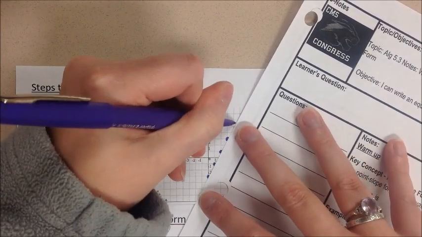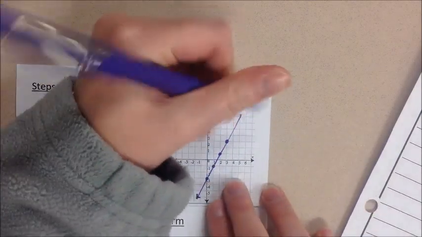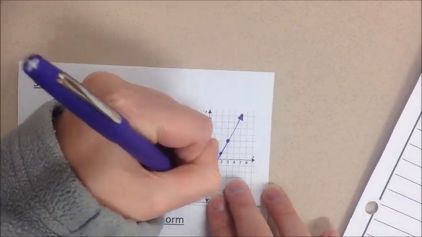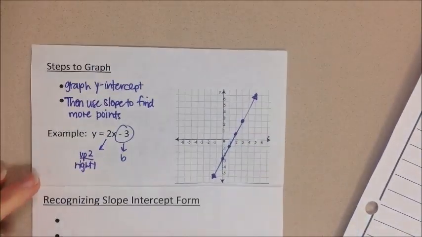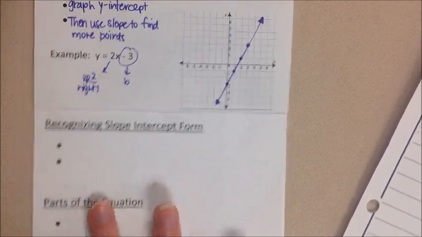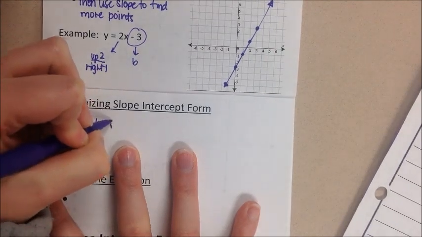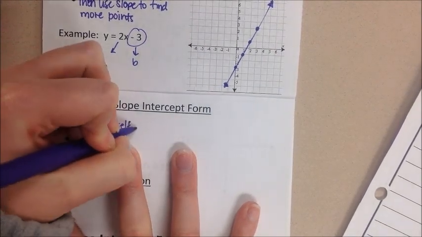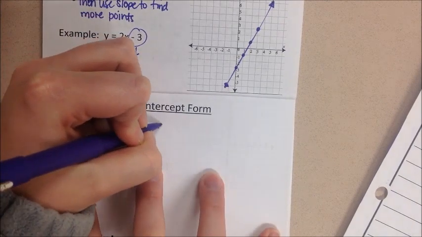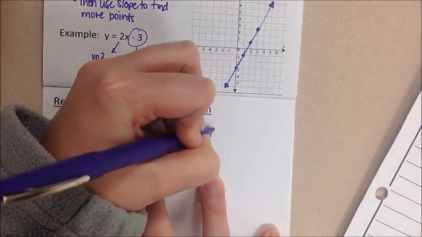And remember, you technically only have to have 3 points, but the more points you have, the easier it is to draw a nice, straight, pretty line. Now, one way that we recognize slope-intercept form is if y is by itself on one side of the equal sign.